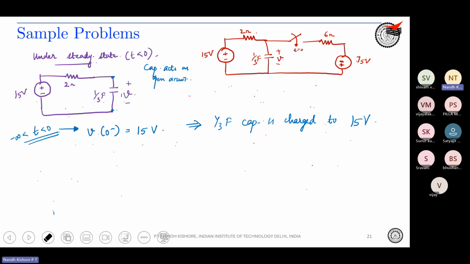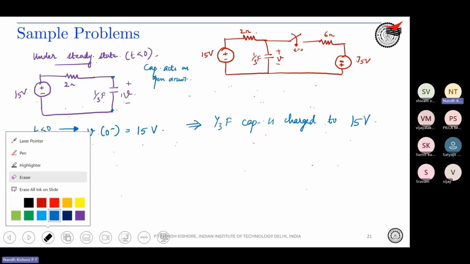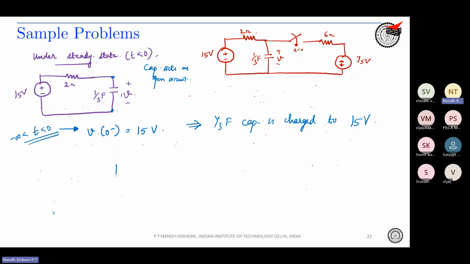After the switch closes, you understand that the circuit is going to change. The circuit would change and it's going to become something like this.